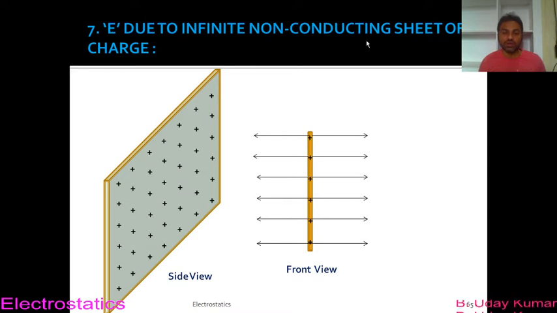Now, since it is a sheet of charge and all the charge given to it is uniformly distributed on it, this system becomes an example of surface charge distribution. You know what surface charge distribution is, right?